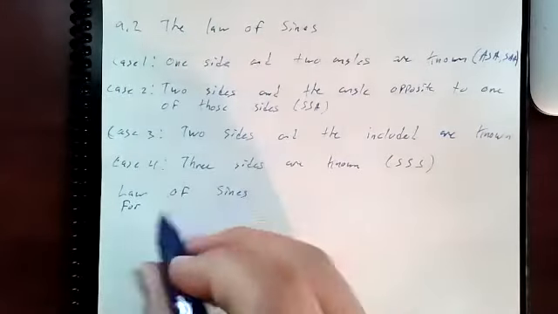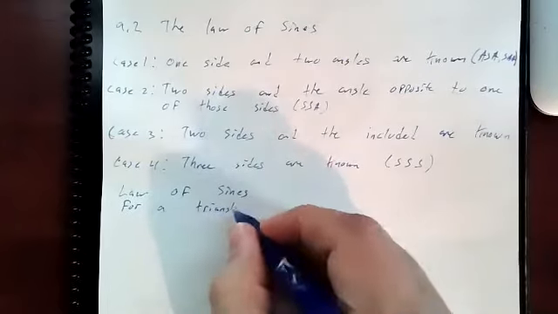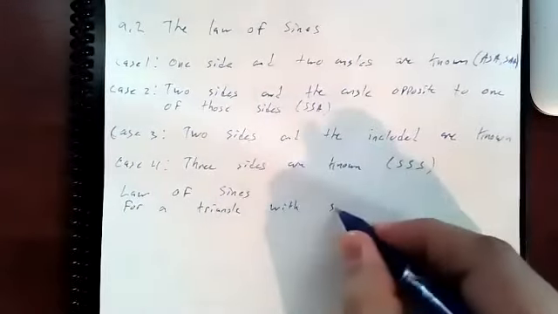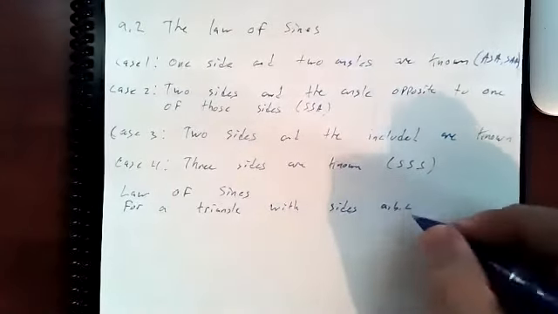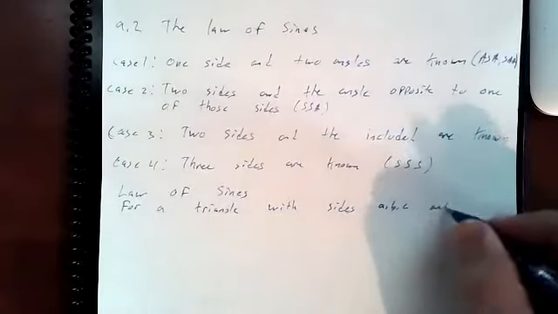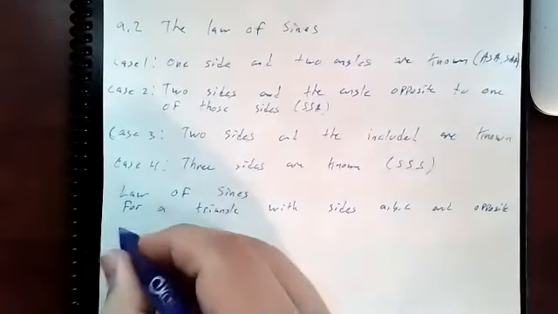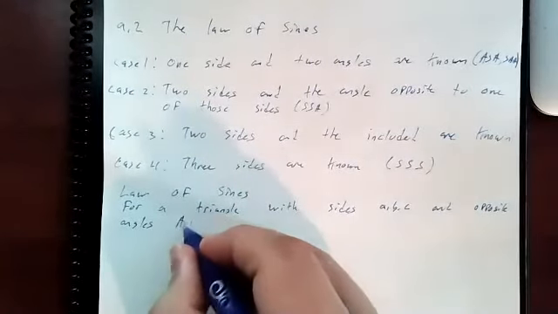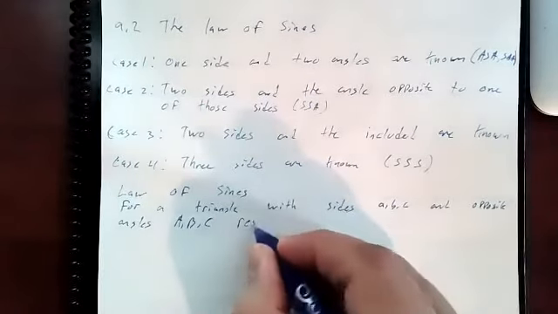Law of sines. So for a triangle with sides a, b, c and opposite angles, capital A, capital B, capital C, respectively.